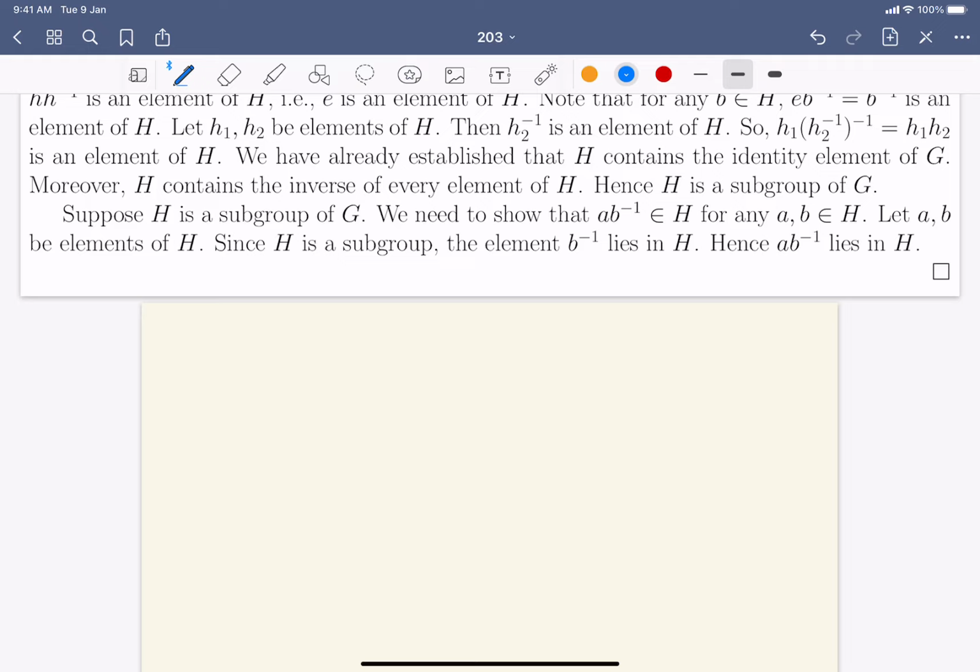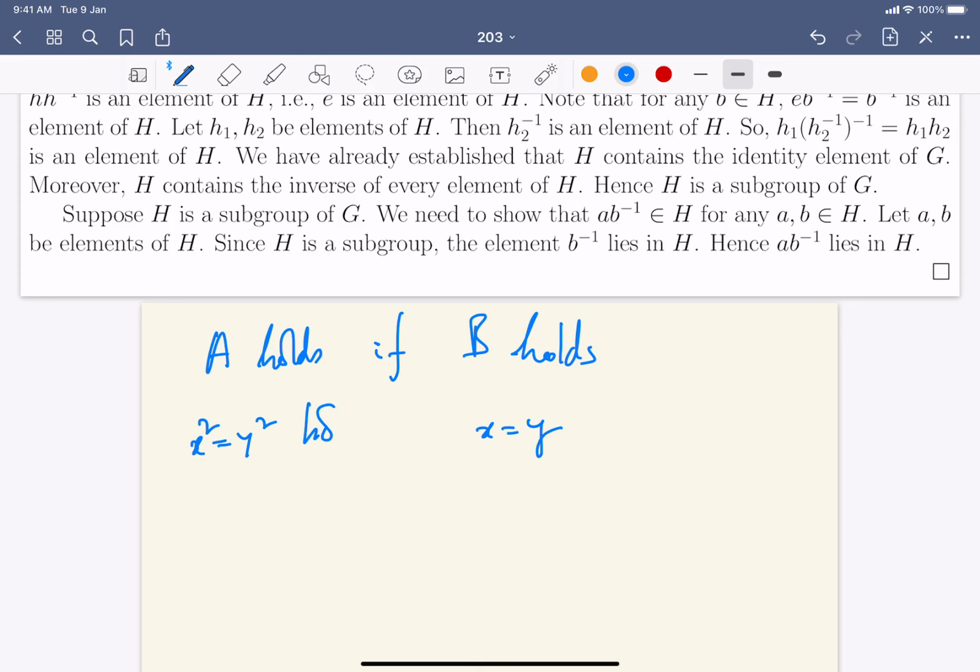For example, if you have a statement A and a statement B, you say that A holds if B holds. For instance, A could be the statement x squared equals y squared, and B could be the statement x equals y, right? Then you know that this holds if the statement x equals y holds, right?